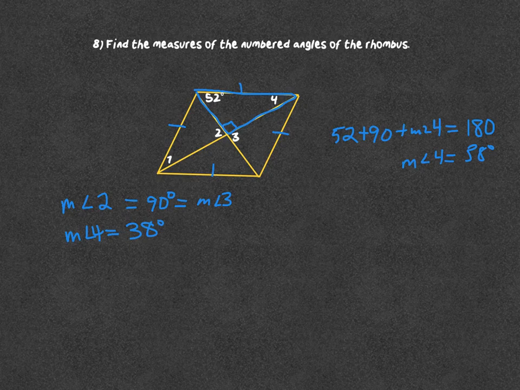Okay, and then the last one we have to figure out is 1. Well, in a rhombus, the diagonals are going to bisect opposite angles, making those two the same. And then because it's also a parallelogram, alternate interior angles are the same. So those two are all the same. So 1 is the same as 4.